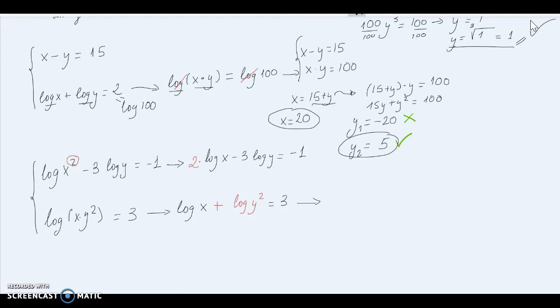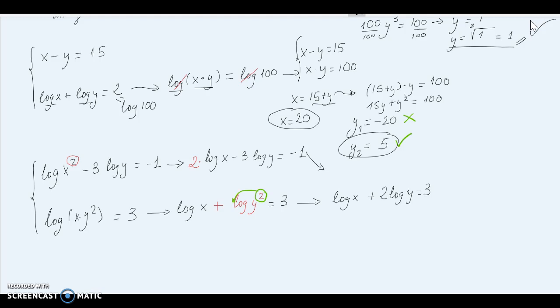I'm going to modify a little more this equation. So I will have log of x plus, now I'm going to write the exponent, this exponent, again down multiplying. So I will have plus 2 log of y equals 3.